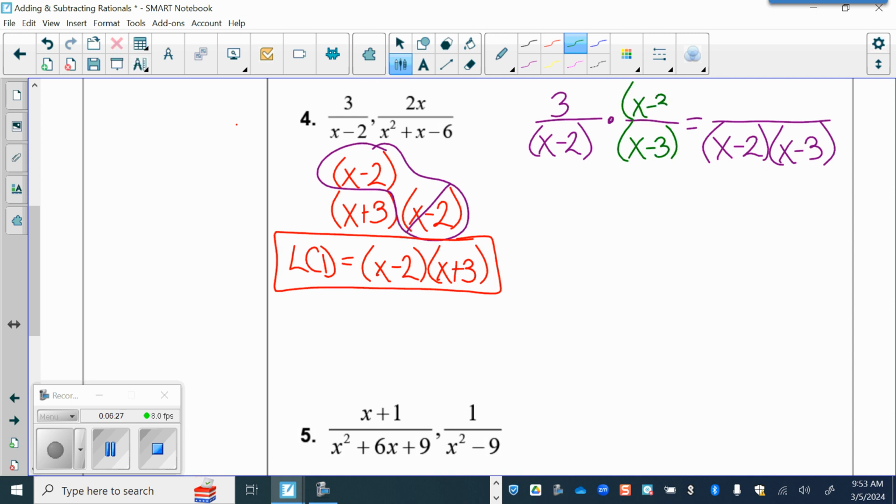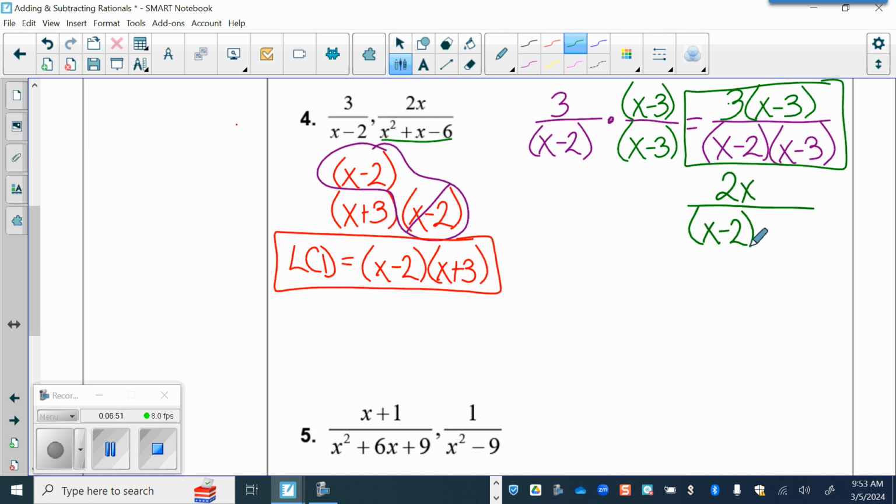Multiply your numerator and denominator by the same thing, and there is your first equivalent fraction. For my second equivalent fraction, this is the least common denominator, kind of nice. So I have 2x over, and you're going to leave it in factored form, x minus 2, x minus 3.